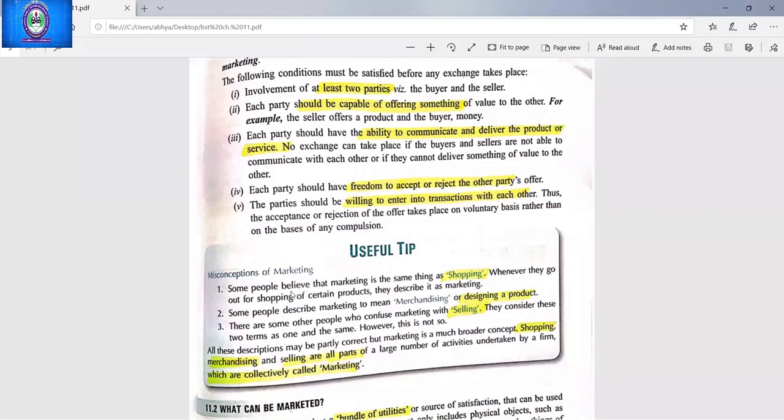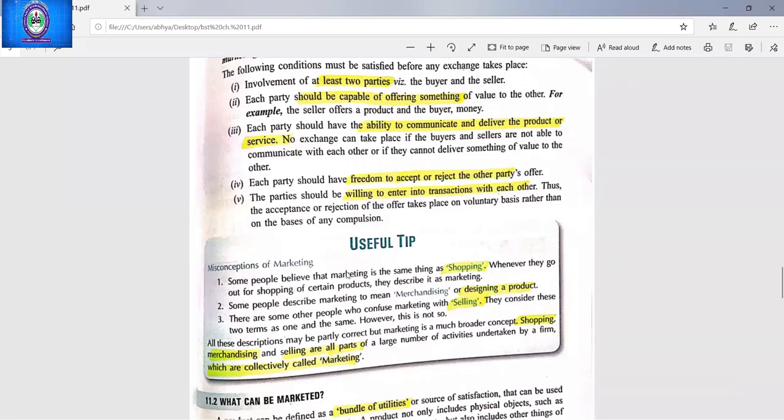And the fifth point, Divya was asking, ma'am, what is the meaning of the fifth point? So the fifth point means both the parties have freedom to accept or reject, and are willing to enter into a transaction with each other. One party cannot force the other party to accept or reject the orders.